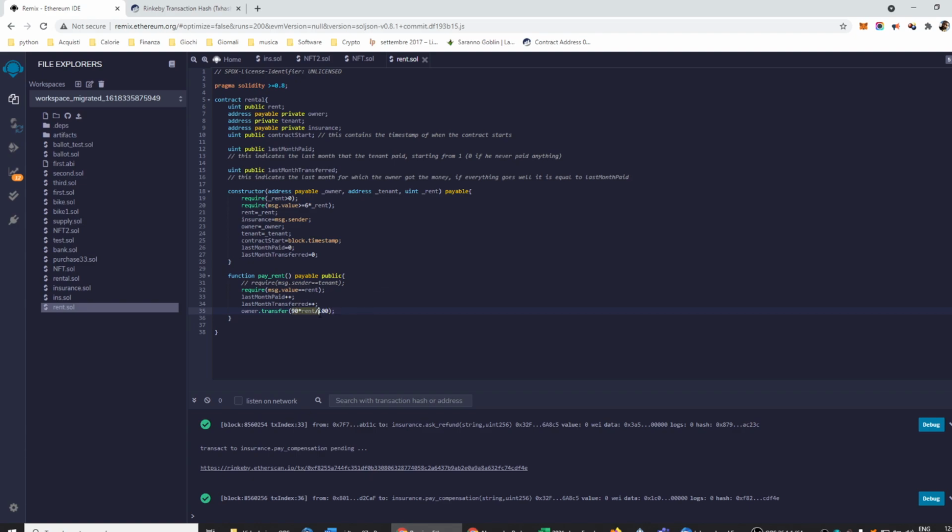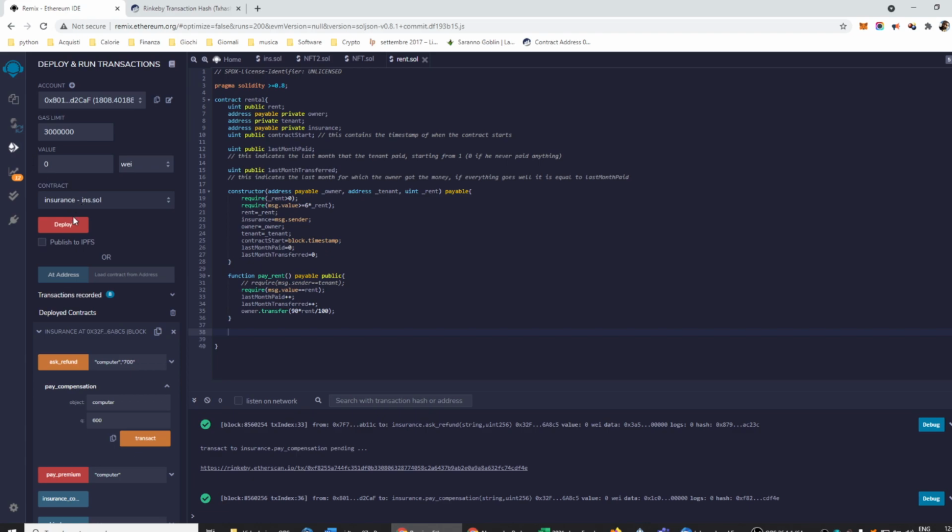If you want, you can store this variable here in the constructor so you don't have to recalculate every time, and you save two operations, which can be pretty expensive on the blockchain. So it could be a good idea to make it a contract variable and store it, or recalculate it every time. Okay, very well. Let's see whether it compiles.